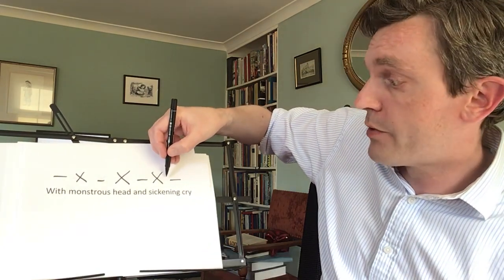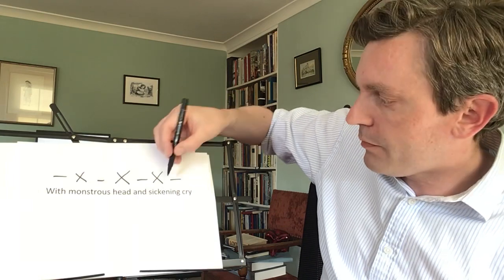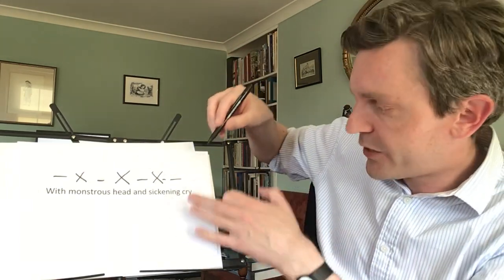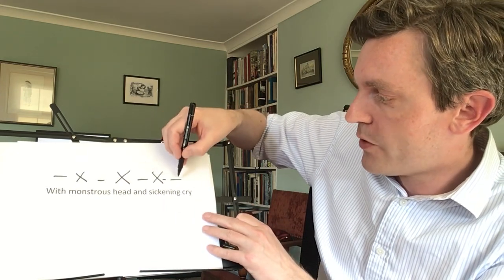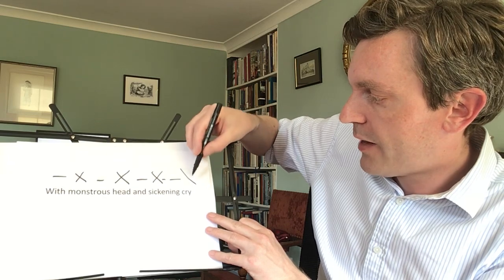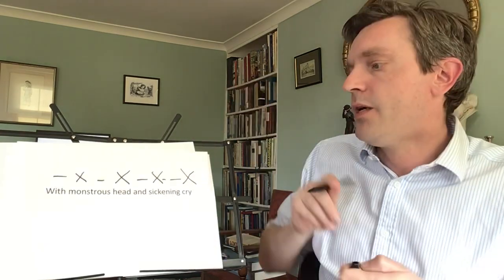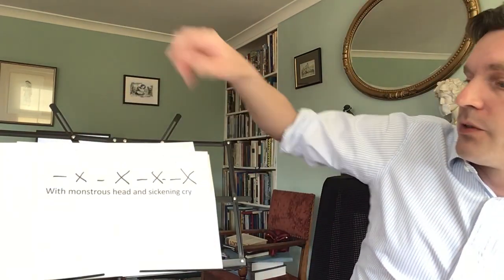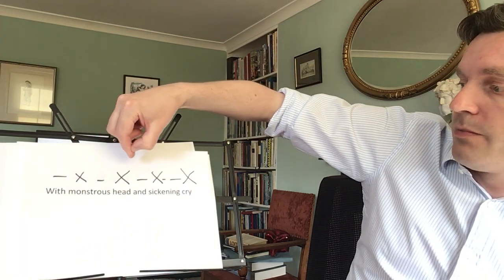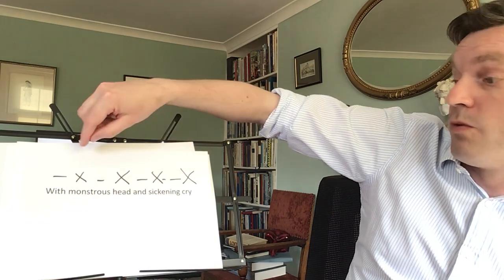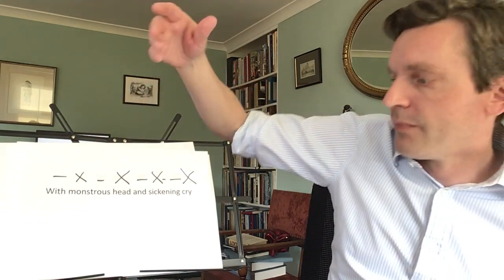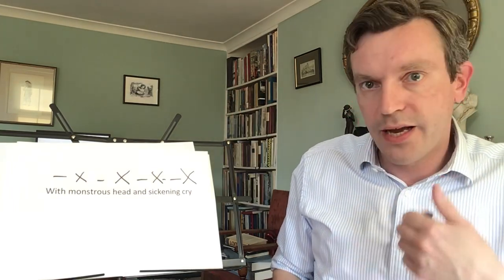You can put it down as 3 if you like, but it's up to you. I think generally speaking it would be stressed, non-stressed, and we're going to ignore that E in the middle. And then we have cry there. So again, we've got 8 syllables and it's alternating soft and stressed. Ta-tum, ta-tum, ta-tum, ta-tum. With monstrous head and sickening cry.